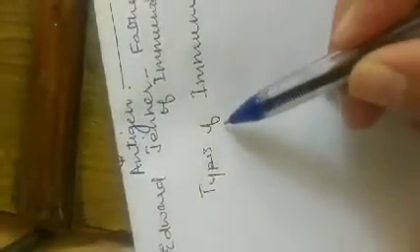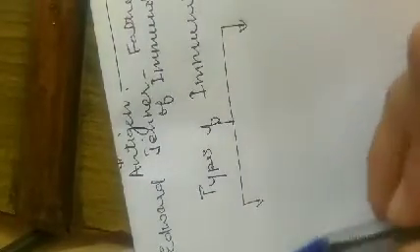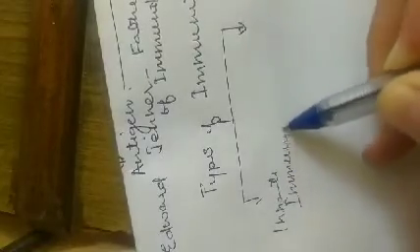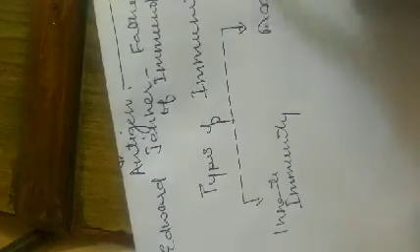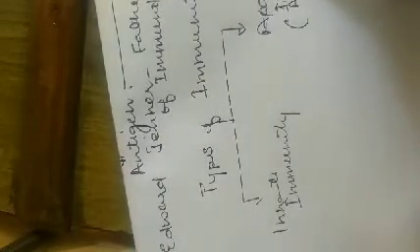So, types of immunity. It has two types: innate immunity and acquired immunity, also called adaptive immunity.